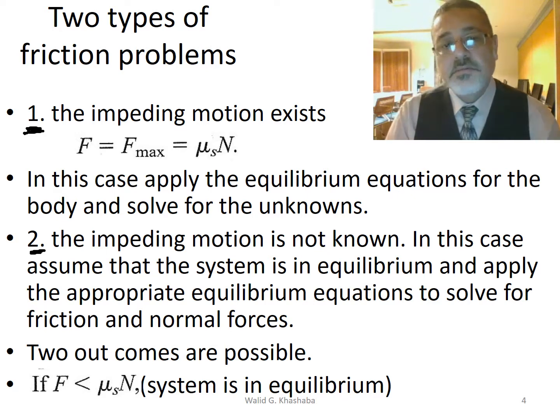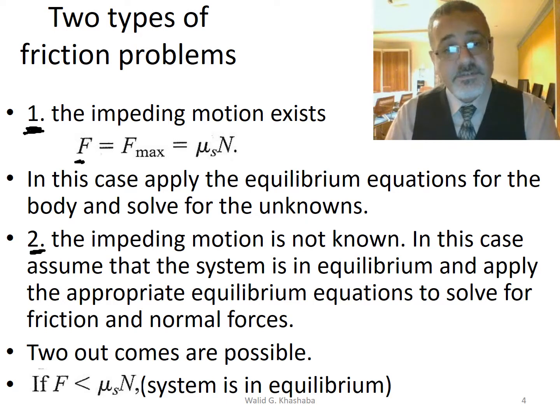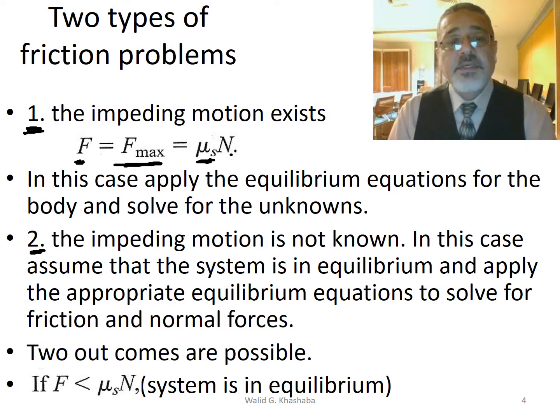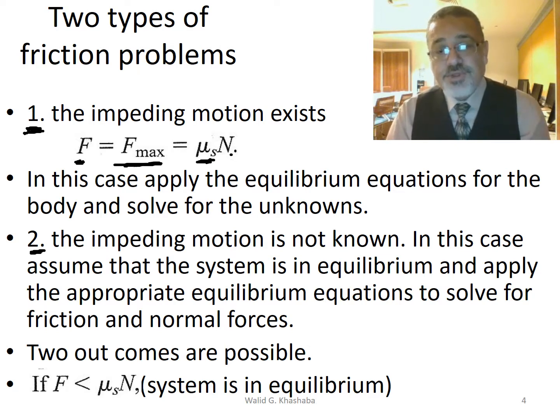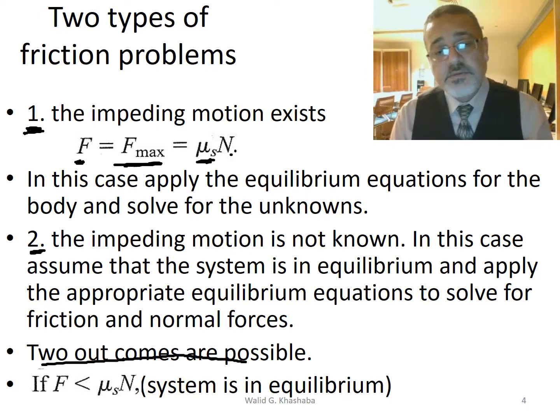The impending motion exists when F, which is Fmax, equals mu s N. The second type is where the impending motion is not known. We don't know whether the body will move or not. That's why we have two possible outcomes.